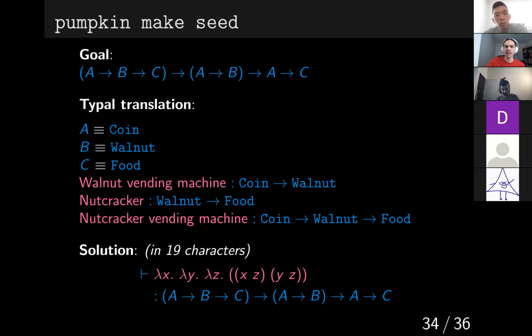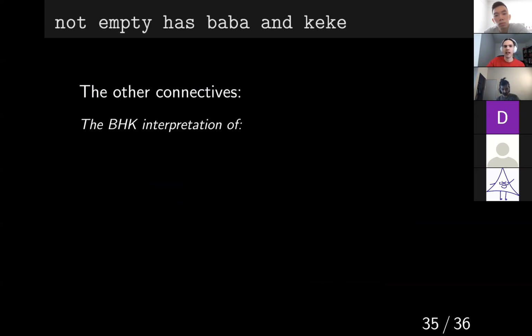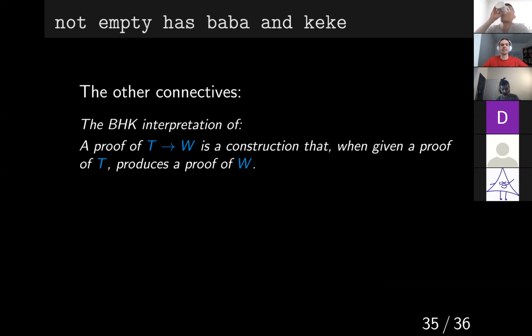So now I'm going to say something very quickly about the other logical connectives. For implication, this BHK interpretation saying that a proof of T implies W is a construction that when given a proof of T produces a proof of W, really you can think about it as that sentence already encodes everything that we did today.